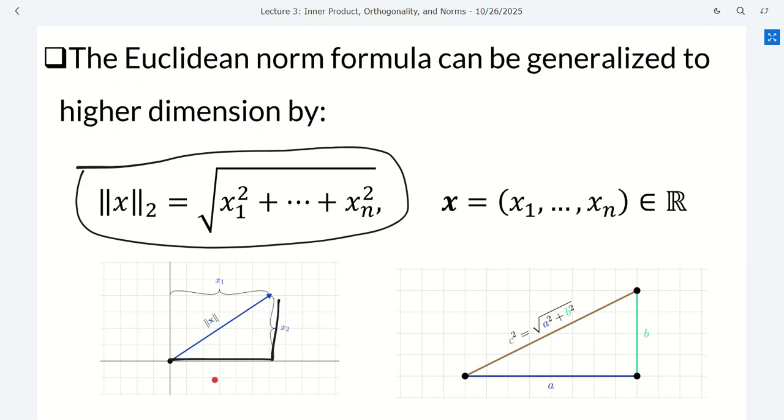If I put this to be A and this to be B, the length, which is the Euclidean norm, will form a right angle triangle. So it's simply the Pythagorean theorem, where C is equal to A squared plus B squared.